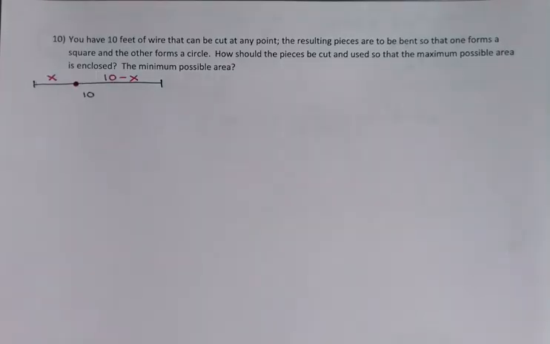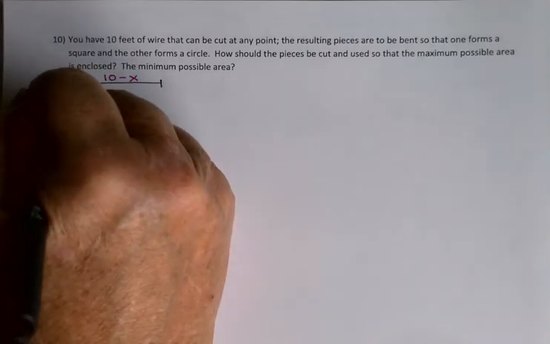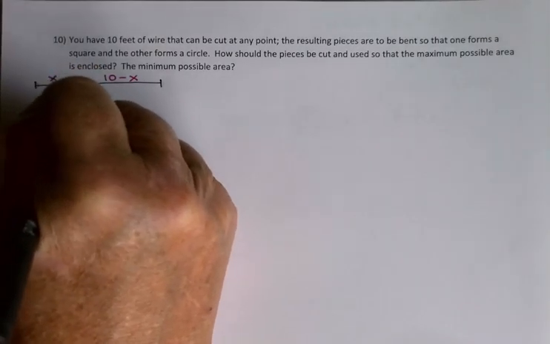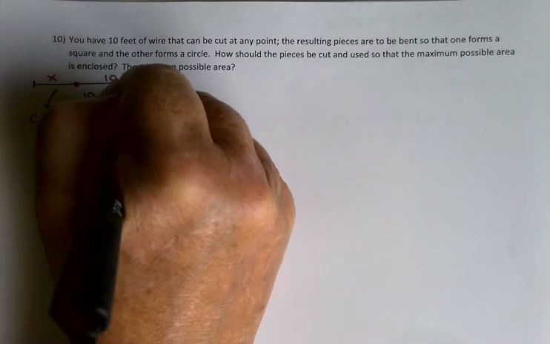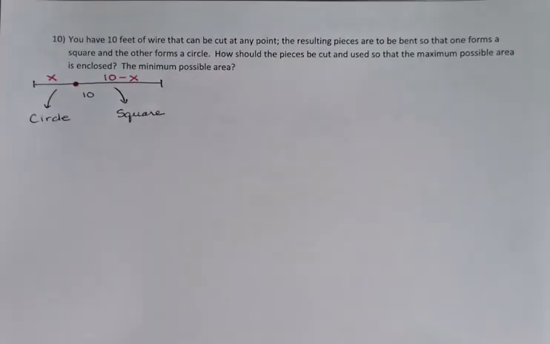Let's go ahead and imagine that we're going to make a circle out of this one, and I'm going to make a square out of that one, so that ultimately my goal, my objective function, is essentially to find both a maximum and a minimum value of the combined area.